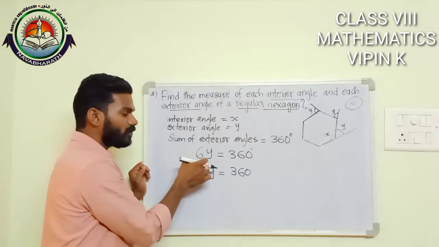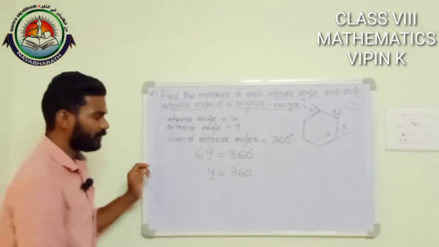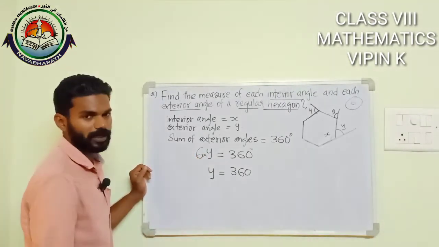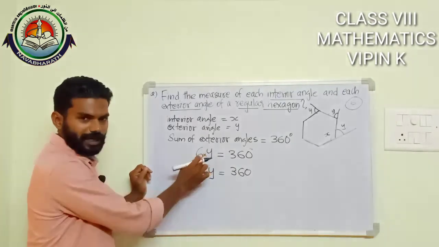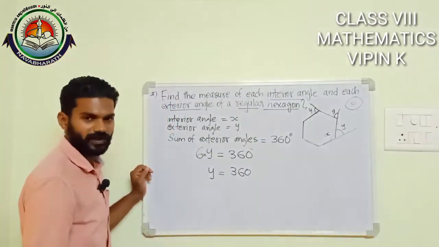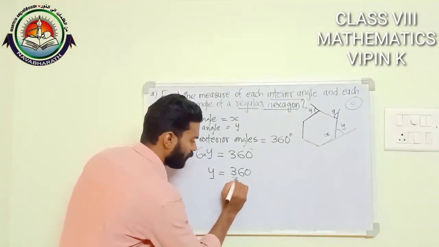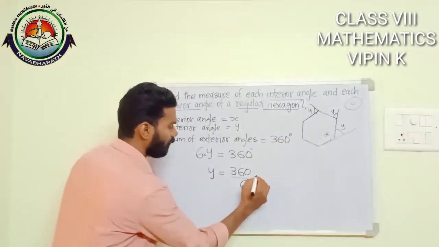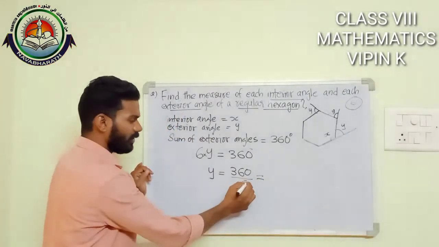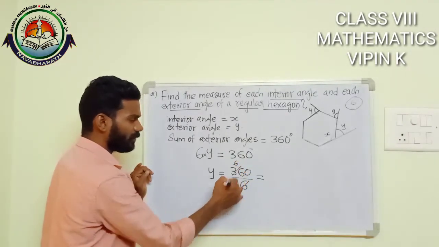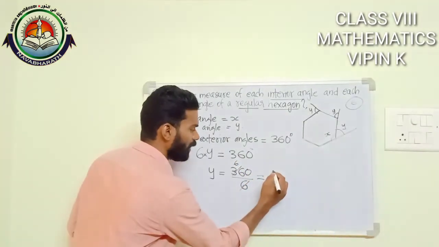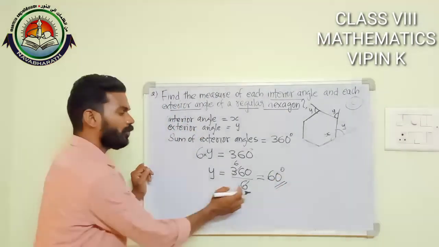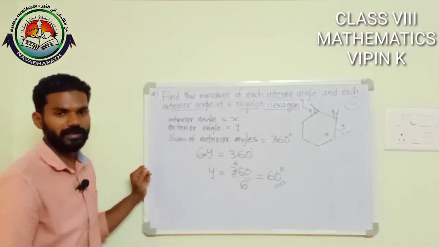To carry this 6, consider this 6. 6Y means 6 into Y. So this into 6 has to be carried to the opposite side. Then it would become divided by 6. So what would be the value of Y? 360 by 6. 6 sixes are 36. So the answer would be 60 degrees. The value of Y would be 60 degrees.